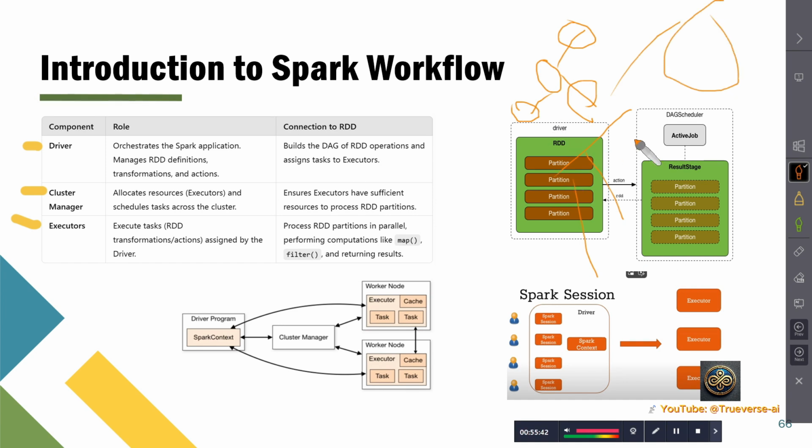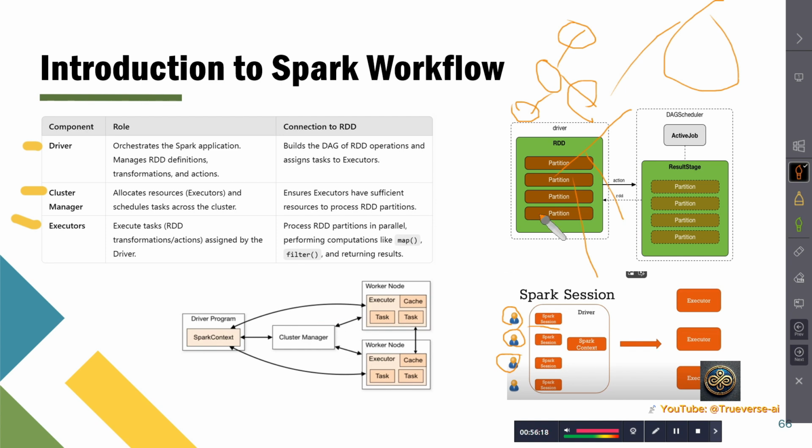I'm talking about one user, but maybe several users, many clusters. In the practical part we will see that there is an area for each user, which is a Spark session. In the code I will show you a Spark session, but all Spark sessions are in a Spark context, and then go to the executor.